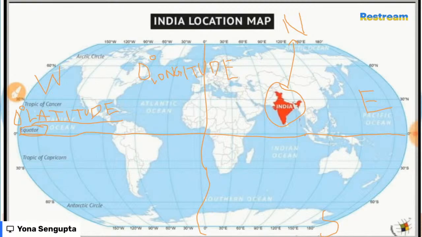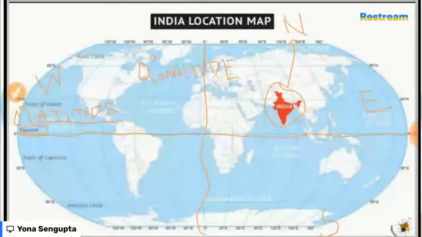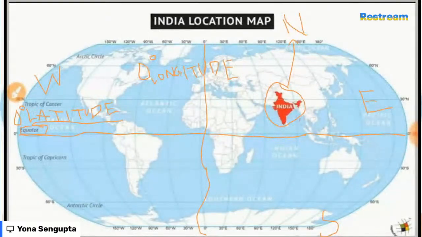The lines of latitude, or parallels of latitude, are imaginary lines that run horizontally across the surface of the earth parallel to each other. The parallels of latitude help to demarcate the temperature zones of the earth.